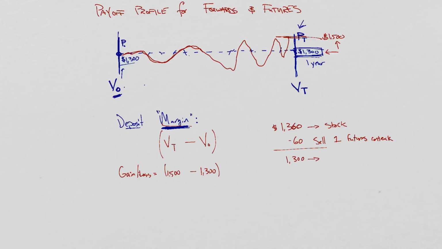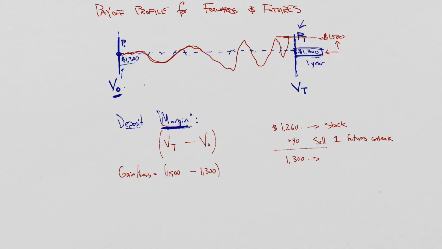But if the price of Google stock goes down so that it's, let's say, below $1,300, 1,260, goes down by $40, then the futures contract that I sold actually goes up by $40.